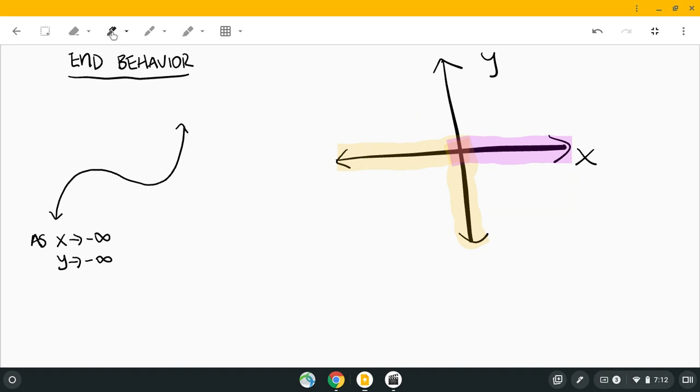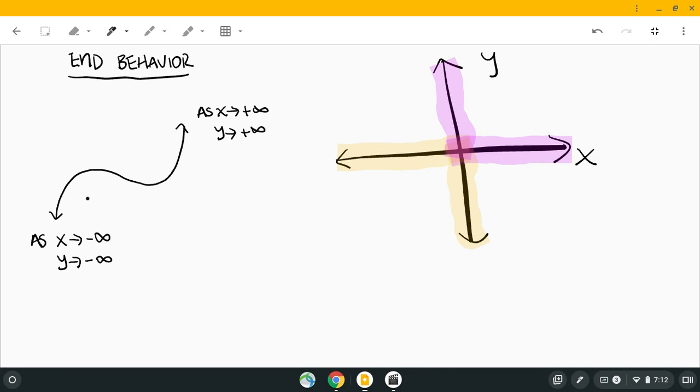So my right hand behavior is as x goes towards positive infinity. Well, I see my graph here goes upwards. And if we take a look here, upwards, the y values are positive. So over here, as x goes towards positive infinity, I notice that my y values go towards positive infinity.